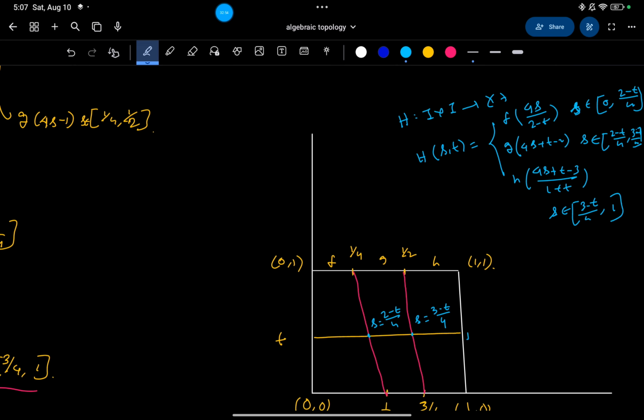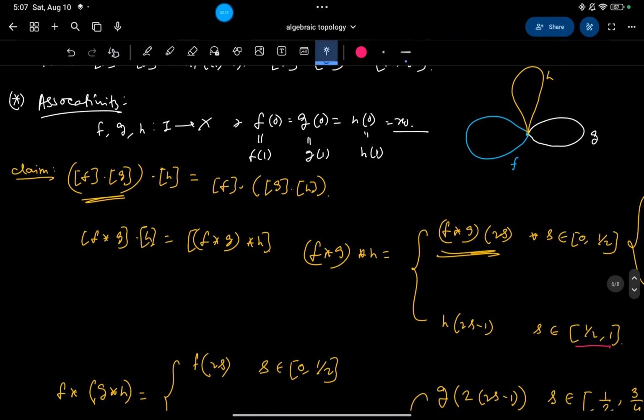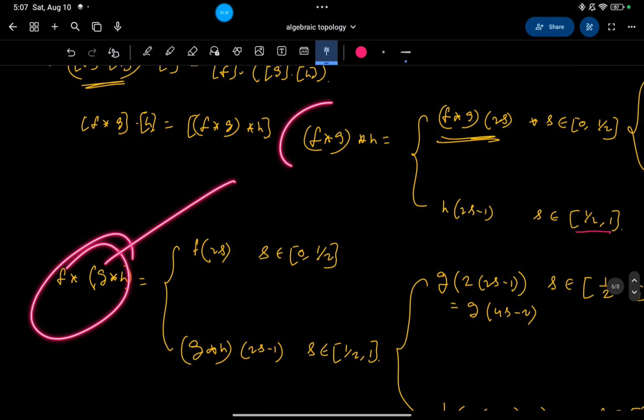This is 1, right? So you should not get confused about how these equations come. You just try to get the equation of these two lines, then you can easily get it. Okay, all right. So this is how one can define the H between F star G star H and F star of G star H. That means via these homotopy maps, F star of G star H, this one and this one, both are homotopic with each other.